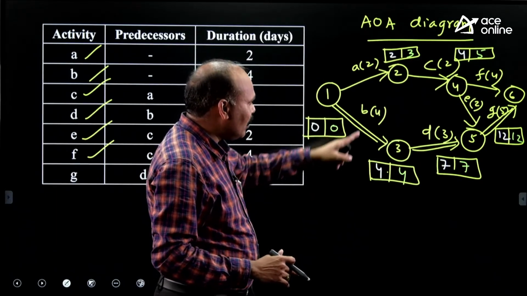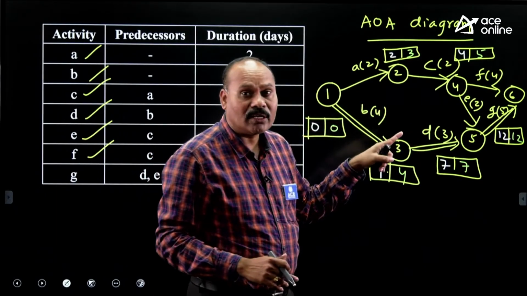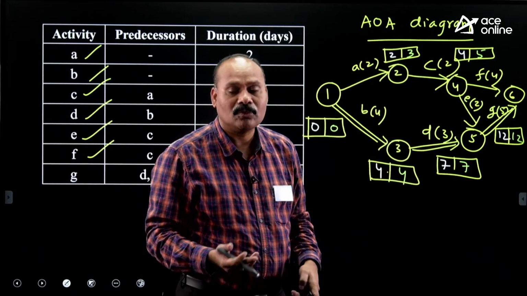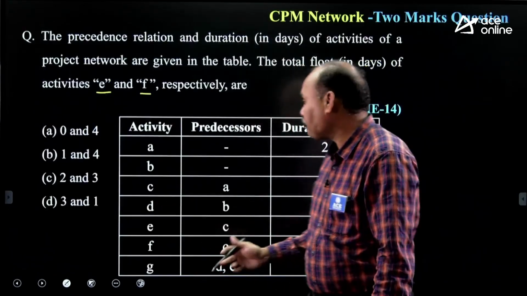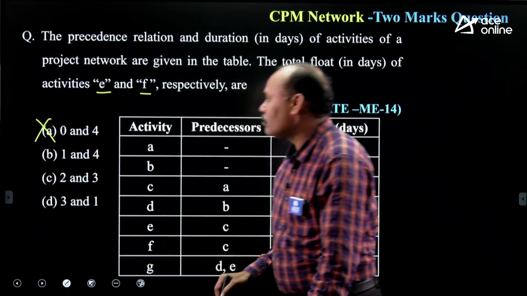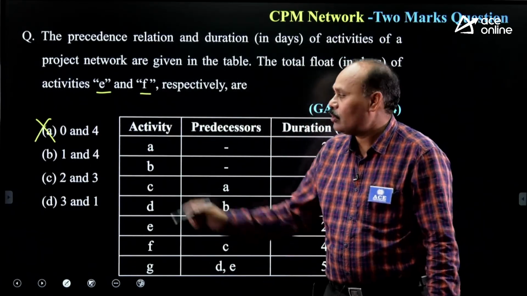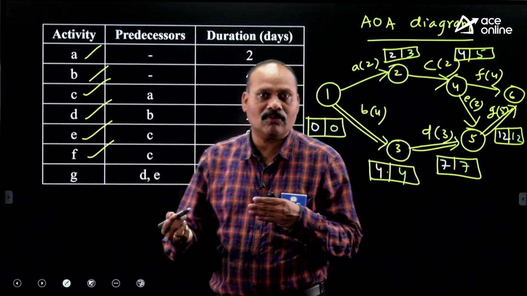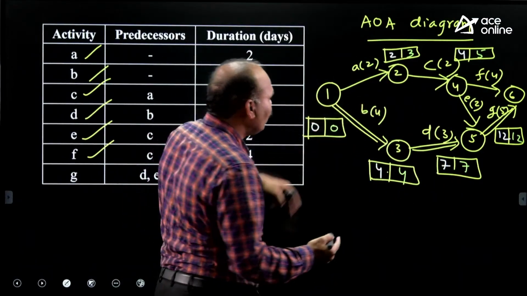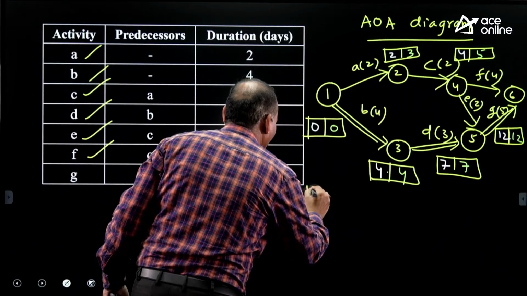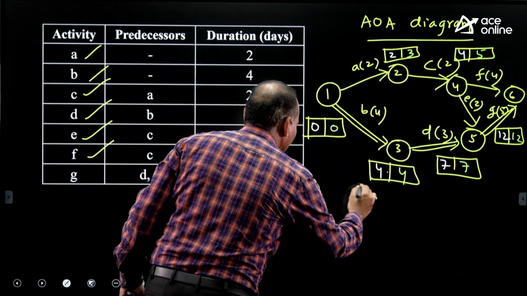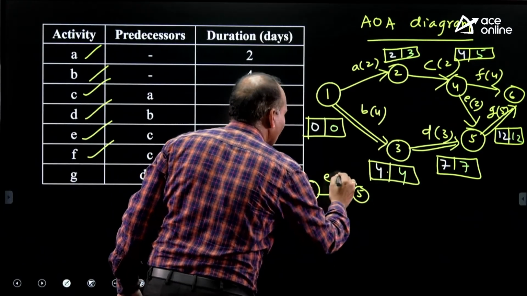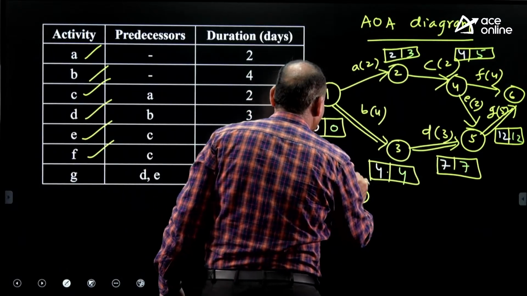Now check whether E is a critical activity or non-critical activity. E is non-critical. So you will not get 0 value. So option A is a ruled out case. Now take E out. E is in between 4 to 5. What is the duration of E? 2 days.